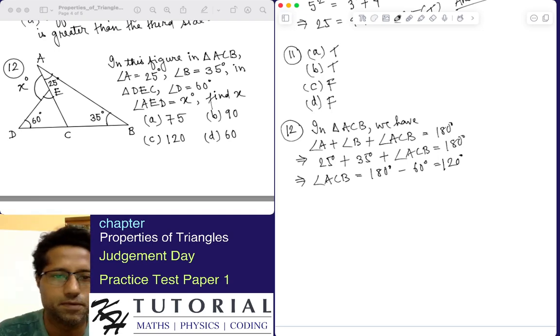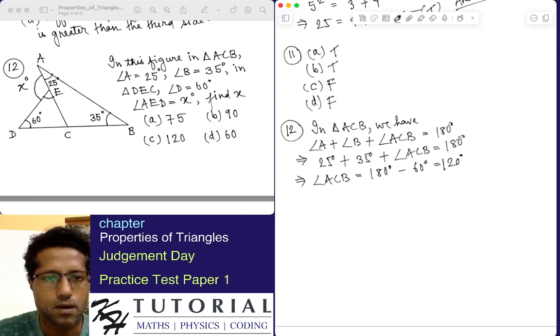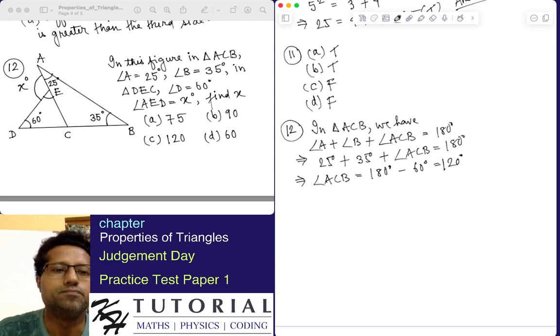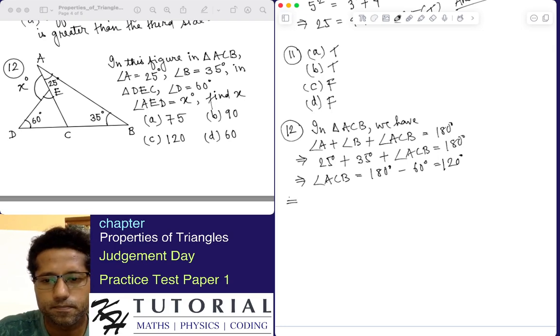Okay, if angle ACB is 120 degrees, this implies that angle ACD will be equal to 180 degrees minus 120 degrees.